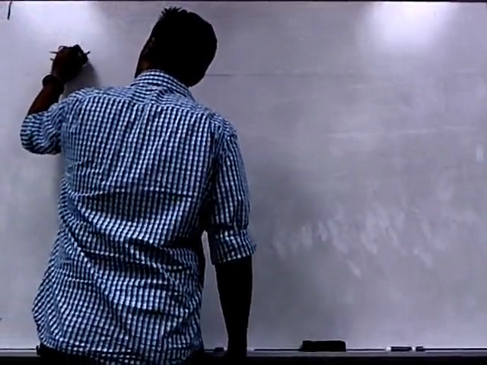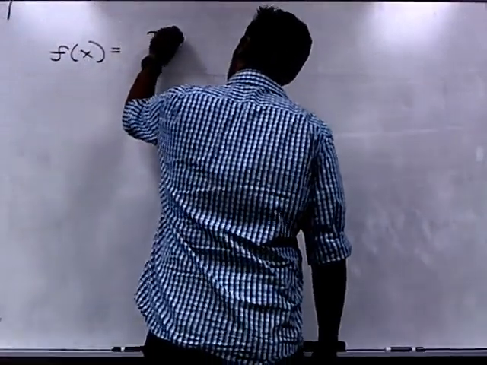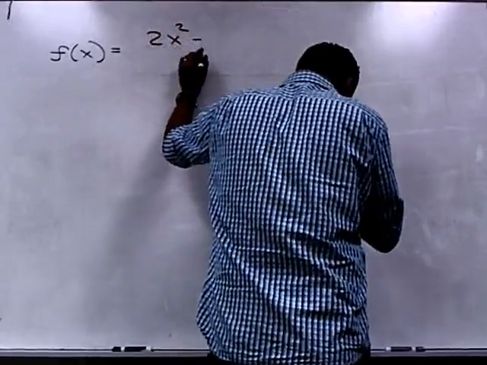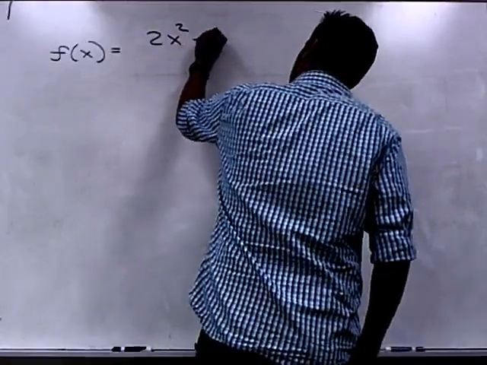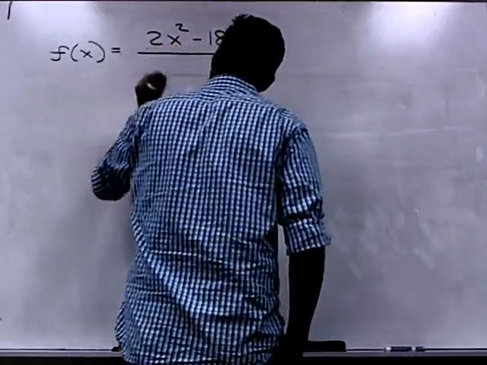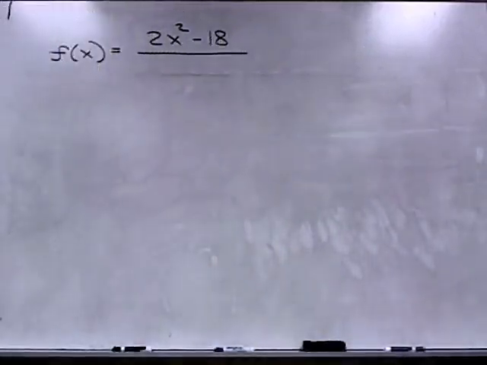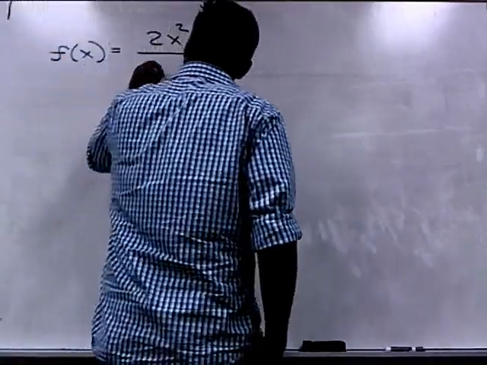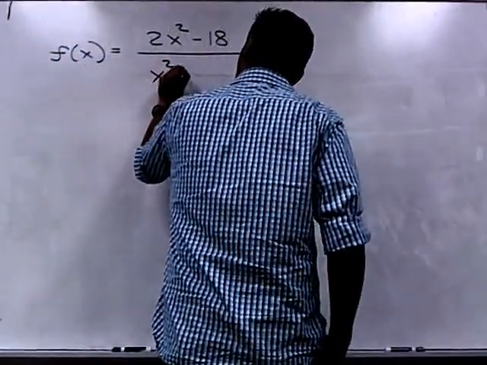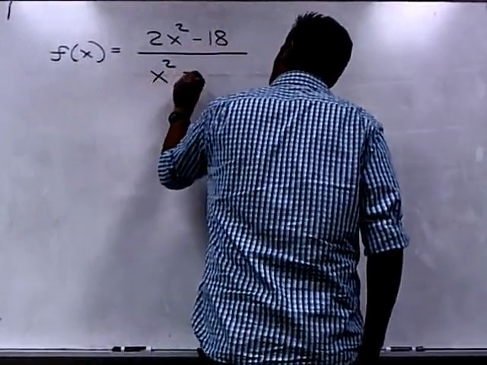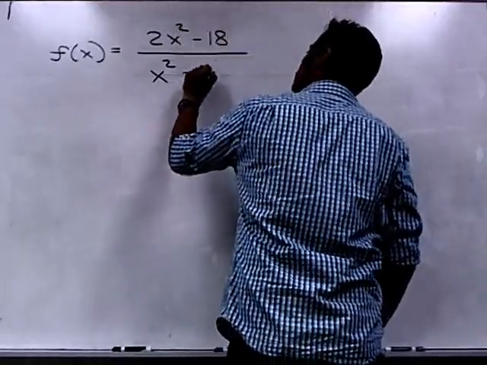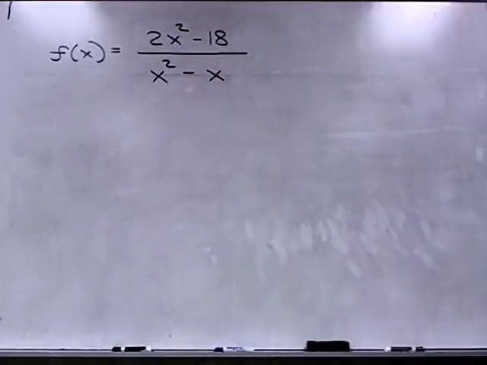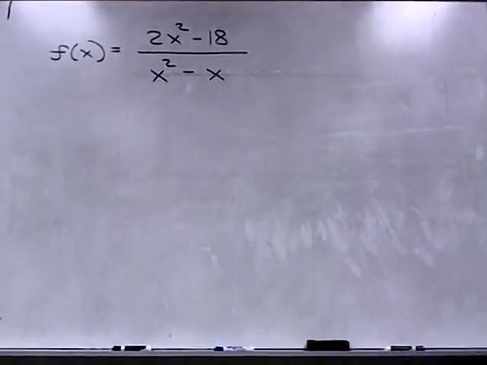Let's sketch 2x squared minus 18 over x squared minus, I don't know, I can't use 3, sorry, minus x. There. Okay, let's try and sketch this.